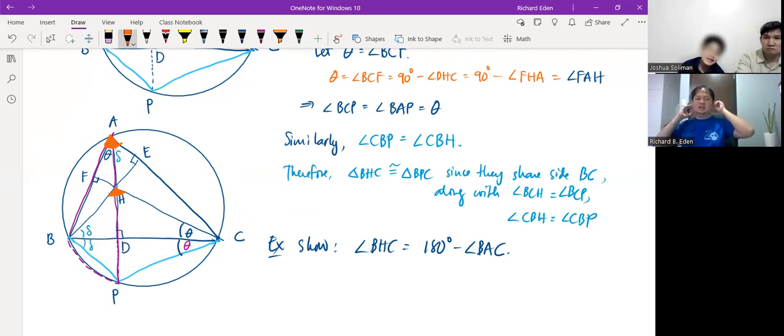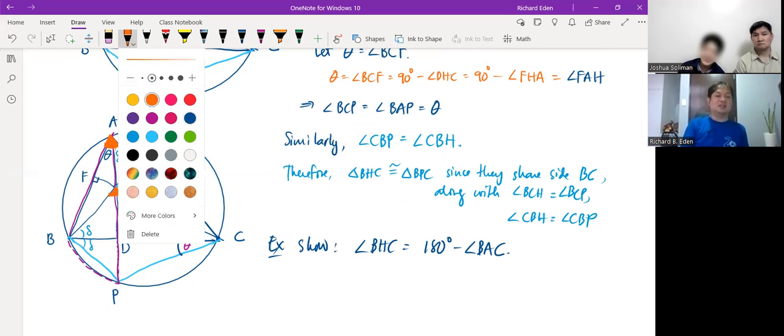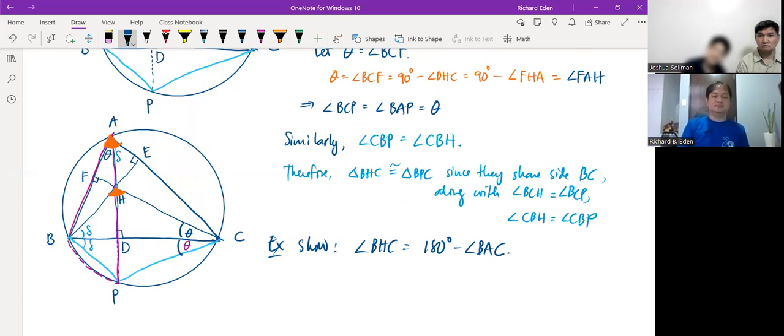Okay. Cyclic quadrilateral and congruence. So how exactly do you argue that? The BPC is congruent to BHC. So that's by CPCTC. And thus it is supplementary to BAC because of the cyclic quadrilateral theorem: opposite angles in a cyclic quadrilateral are supplementary.